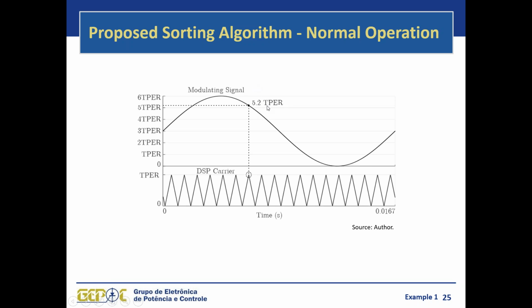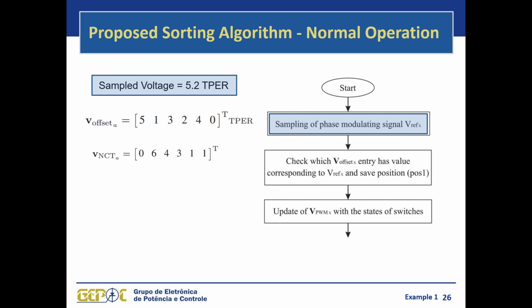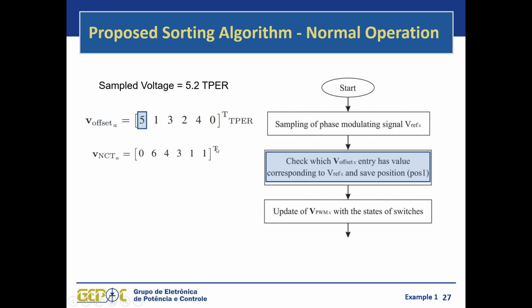And we have then that the modulating signal has the value of 5.2 T peak. So the first step of this strategy is, of course, sampling the phase modulating signal for each one of the phases. This process is done in parallel for all of the phases, phase A, phase B, and phase C. They are independent from each other. So we have sampled the phase modulating signal, and we have achieved this value here.